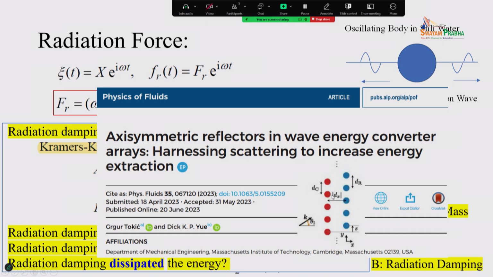And if you place the buoys at the right distance, and the wave angle and the wave number are right, then you can get much more energy than individual buoys, right? And in his paper, he can get 3 times more power, right?